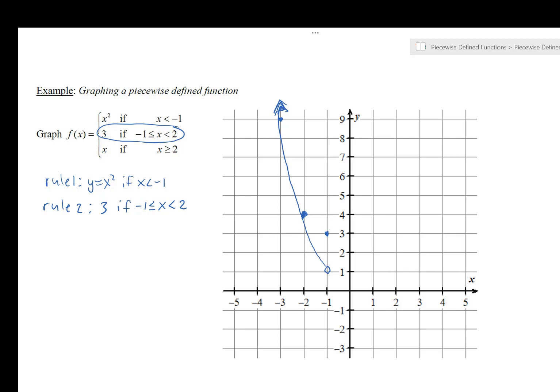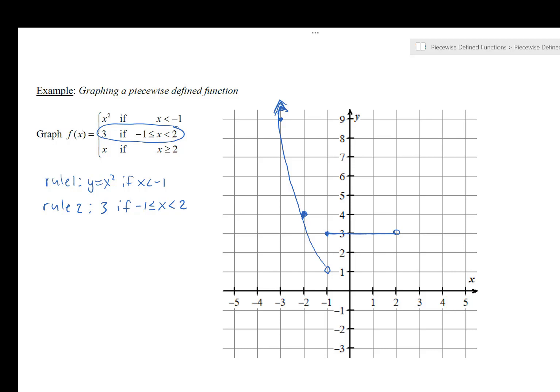And then it's going to behave like 3 all the way in between -1 and 2. But once again, once we get to 2, we don't have a value there. And so it switches rules. So we put the little open circle, the hole. It's going to switch rules.